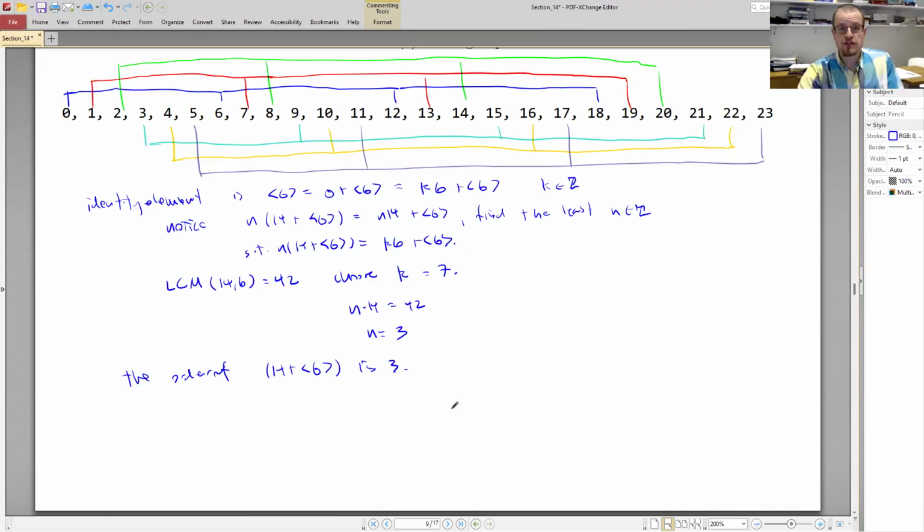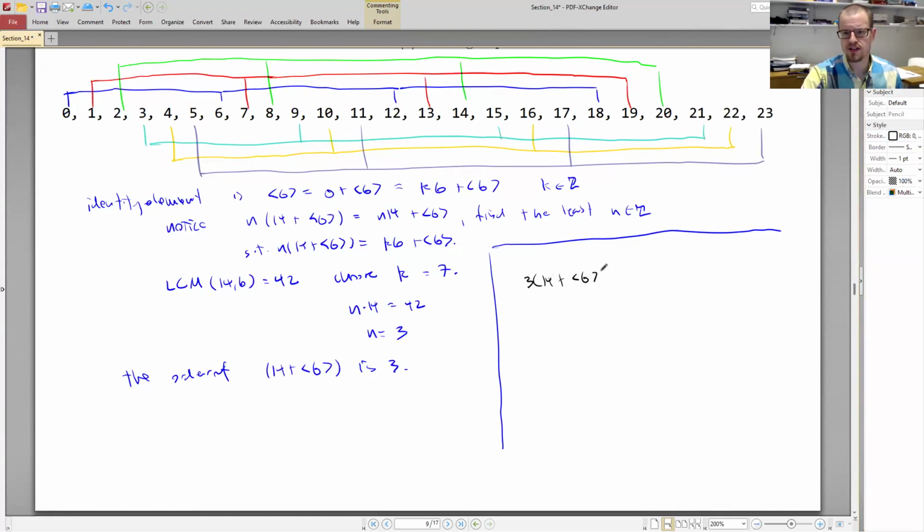To confirm this, we could do a little bit of side work. I'm saying the order is 3, so I can take 3 times 14 plus what's generated by 6.